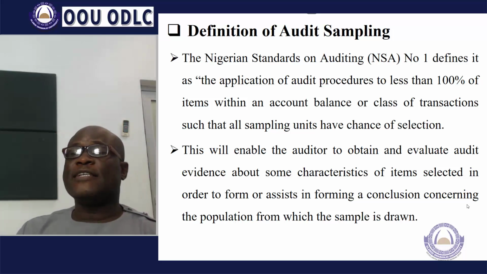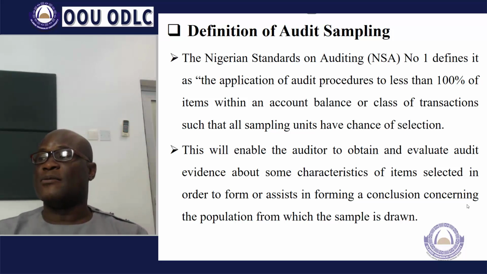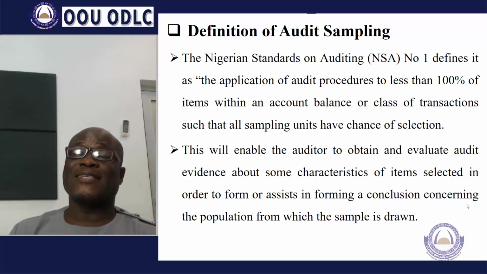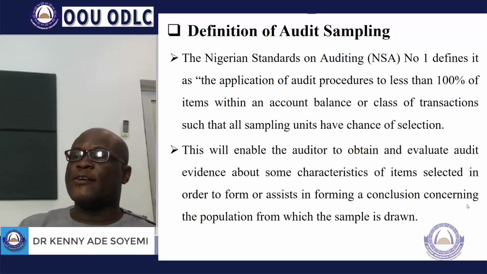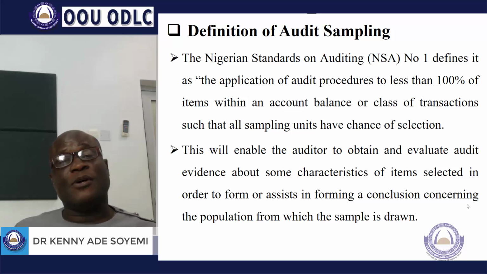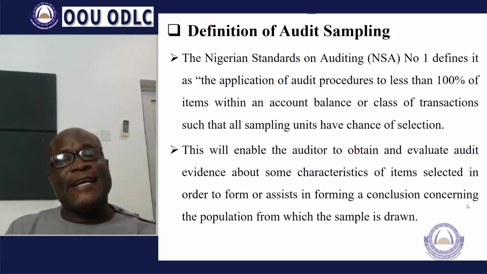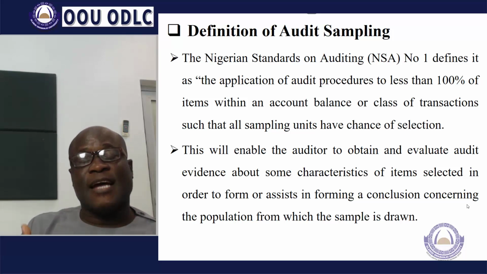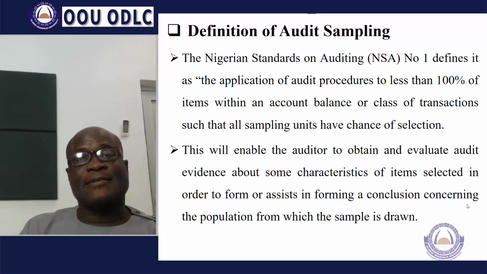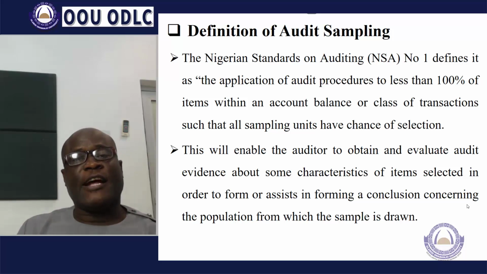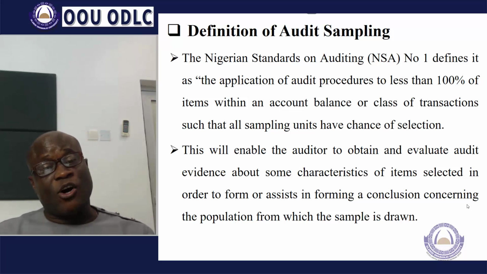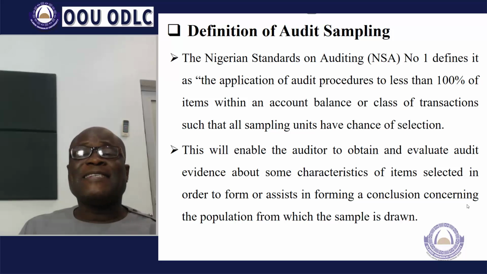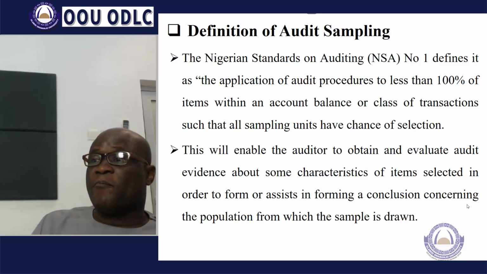In designing audit tests and procedures to be carried out, it is necessary for the auditor to ascertain appropriate means for choosing items for the purpose of generating the required audit evidence. In other words, it is mandatory for the auditor to select items to be tested in order to gather sufficient and appropriate audit evidence. There are basically 3 ways by which you can do this.